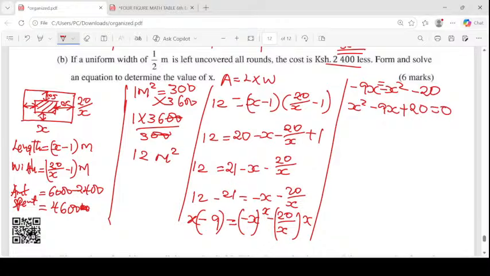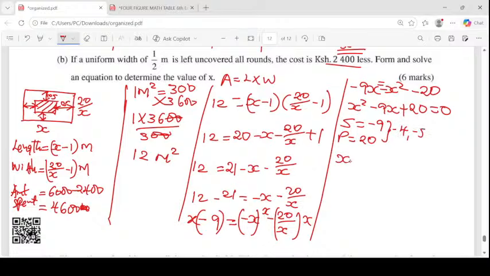That is the expression now I'm having, x squared minus 9x plus 20 is equal to 0. So here, I'm looking for two numbers whose sum is negative 9 and whose product is 20. The two numbers are negative 4 and negative 5.